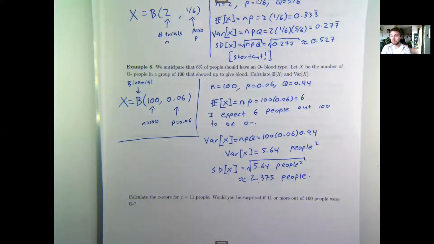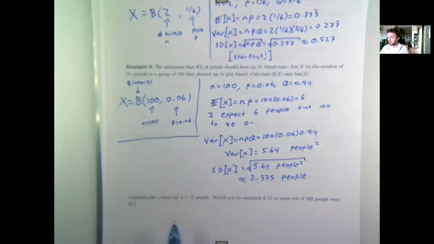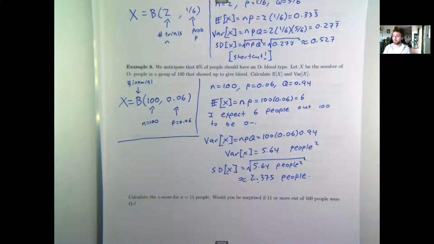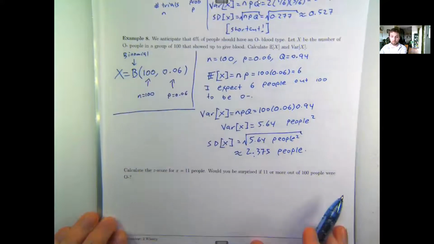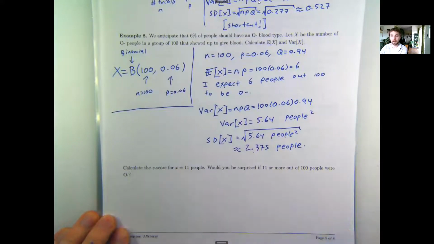Here's how I use these things together. Someone might wonder, okay, well, how likely is it that I get 11 people out of the 100 to be O negative? Because maybe there's an emergency and I need this blood right away, and I'm hoping I can get it from this drive. Let's calculate this z-score to see if this is usual or unusual, to see if we would be surprised.